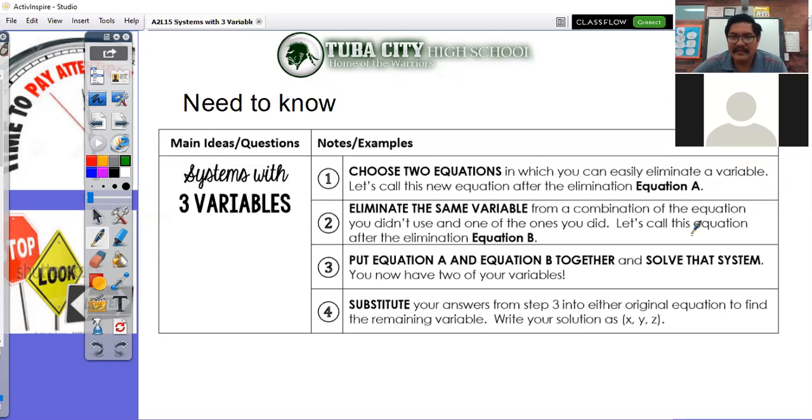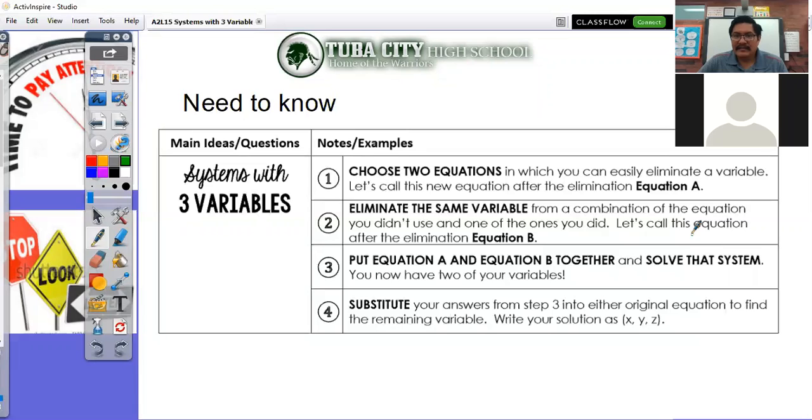Get another one, and in this case, they call it equation B, so you have to eliminate the same variable from two different sets of the equation. Then use A and B to solve the system for one of those variables.